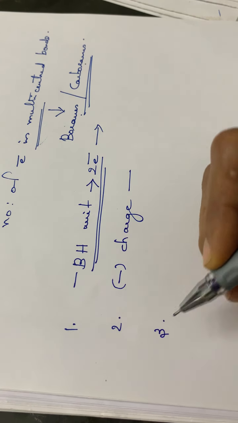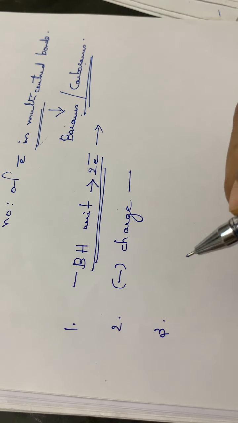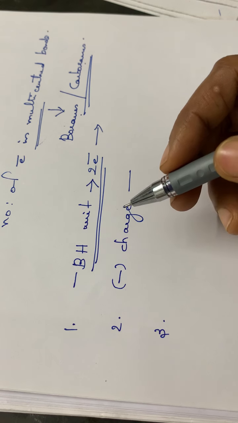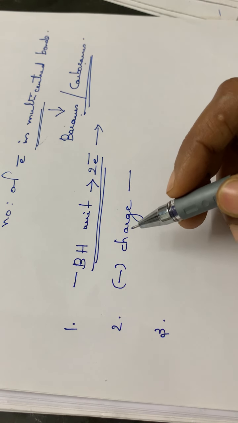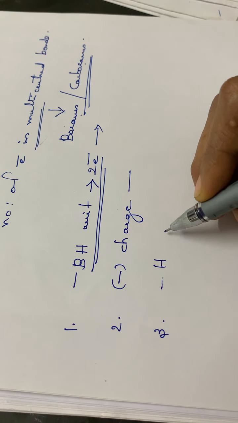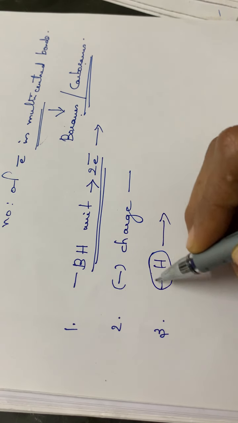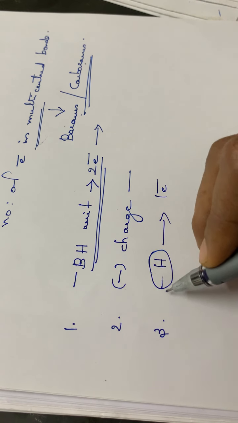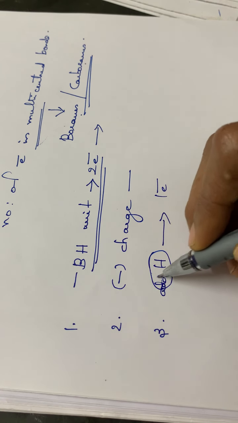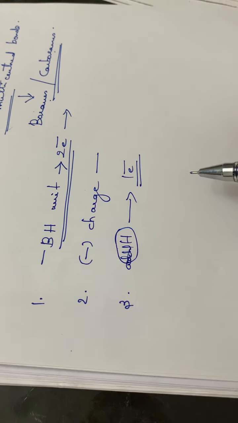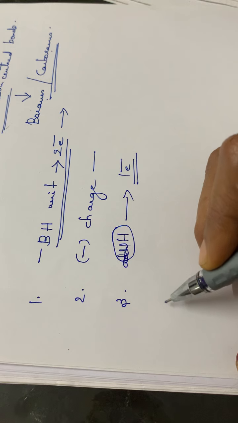Then the third point is that if additional hydrogens are there, for each additional hydrogen atom, these hydrogen atoms will be donating 1 electron to the skeletal bonding.